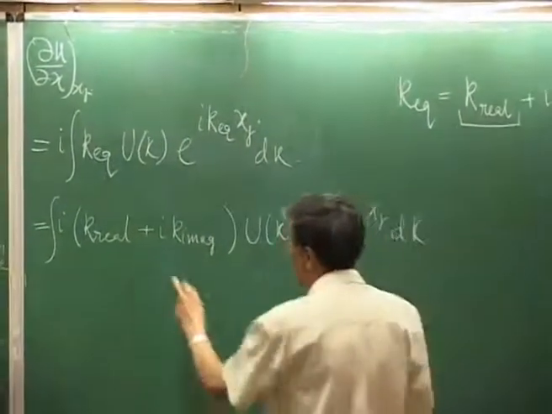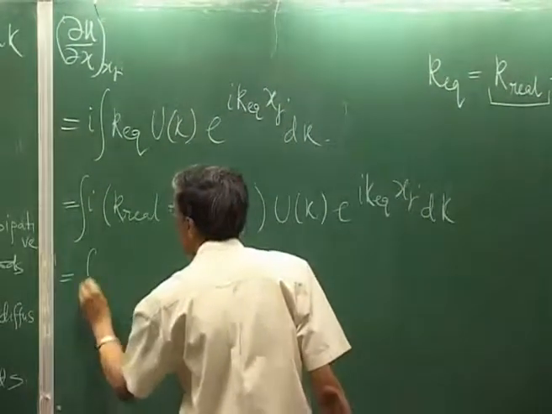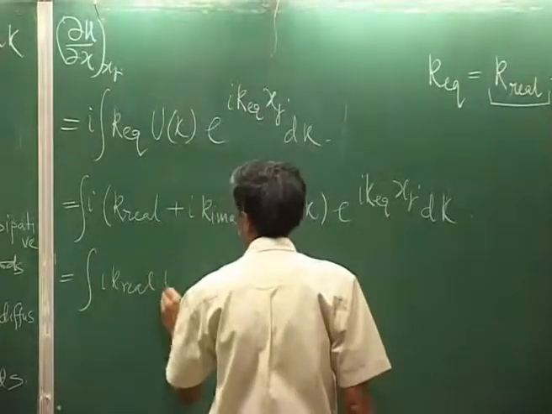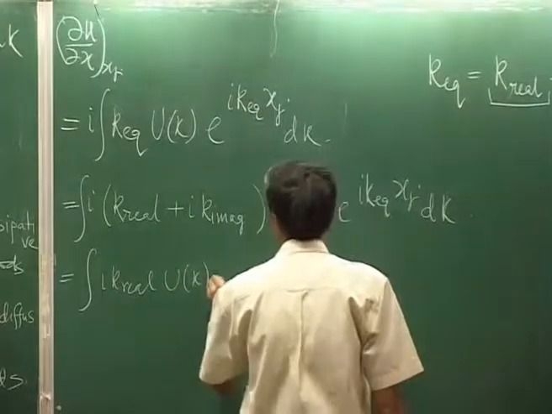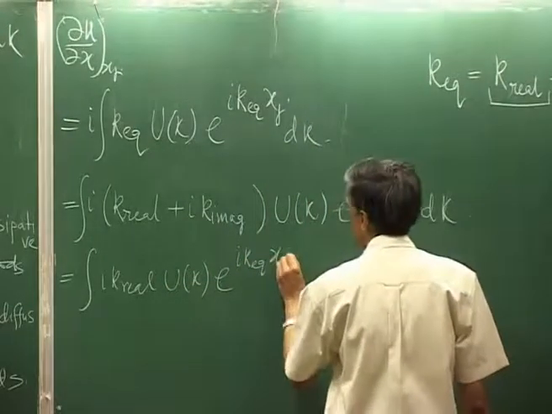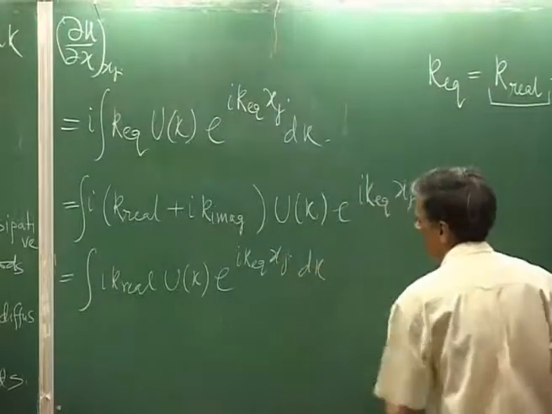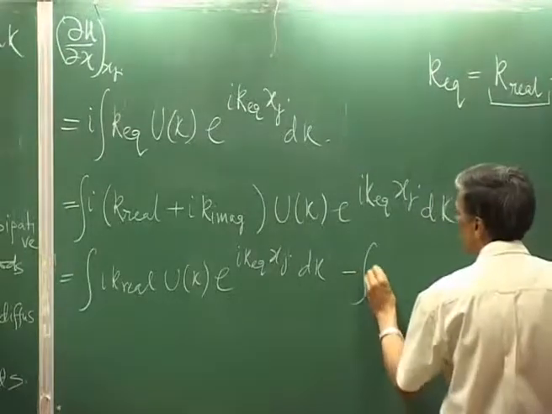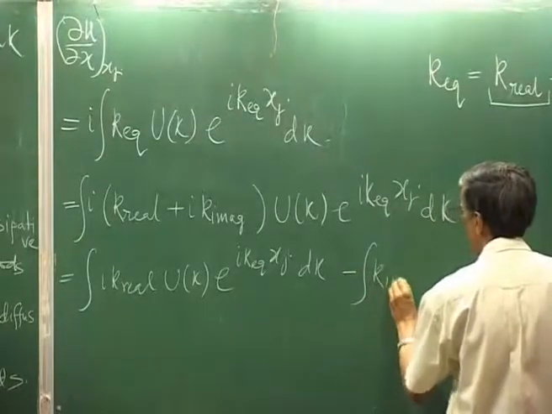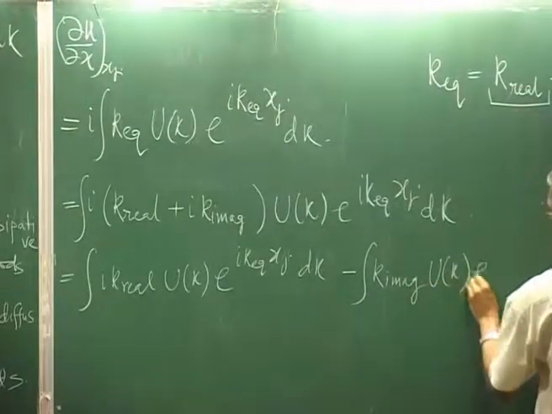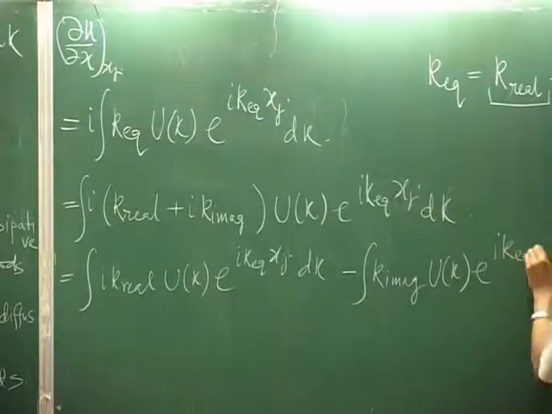Now, what happens? This I could write as I K real U of K e to the power I K equivalent x j dk, and I will get minus K imaginary U of K. Okay.